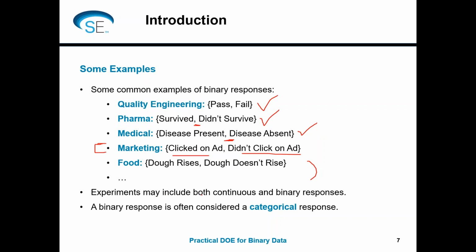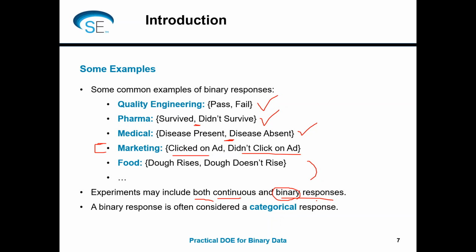Now, an experiment may have both continuous and binary responses. When I say binary here, I don't mean proportion. I mean 0 or 1 for each run in your experimental design. Sometimes what people do to get around the 0, 1 is make a large batch and compute a proportion.